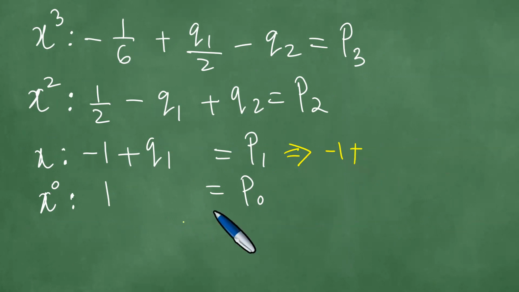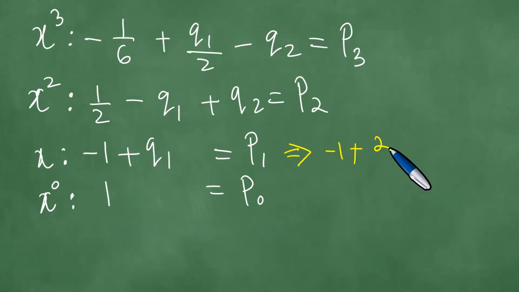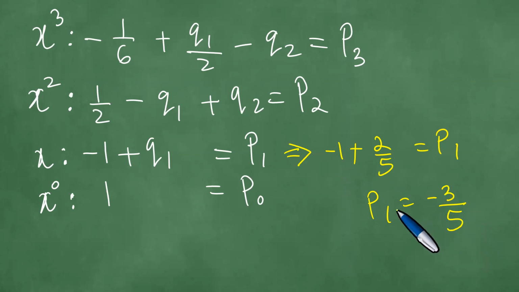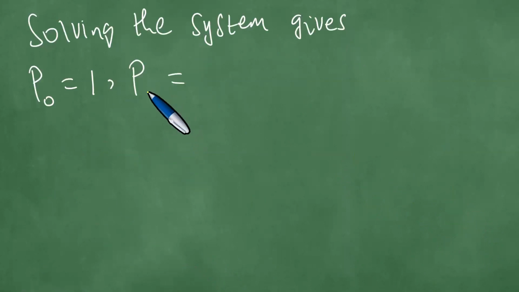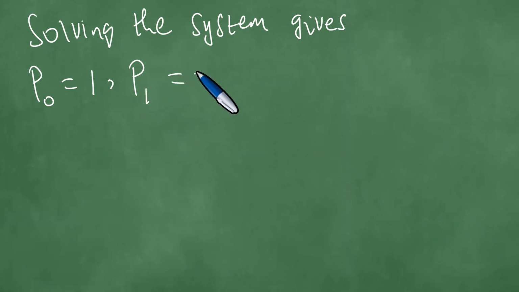It's going to be minus 1 plus Q1. What is Q1? Which is 2 out of 5. Which is minus 5 plus 2, which is minus 3 out of 5. Yes. So this one here, P1 becomes minus 3 out of 5.